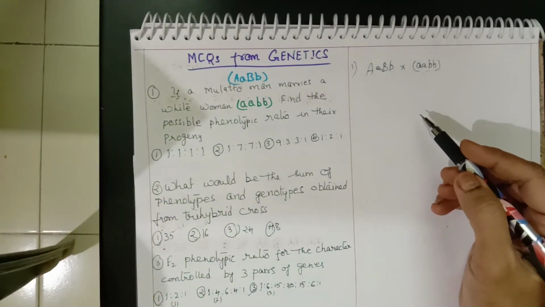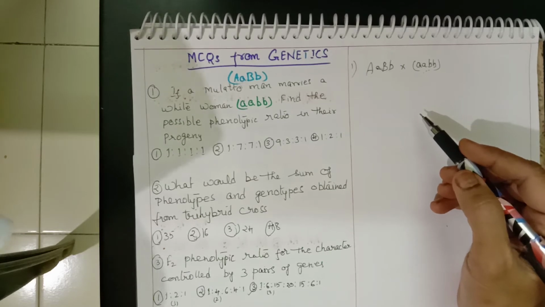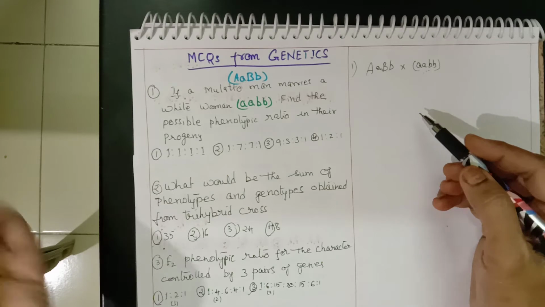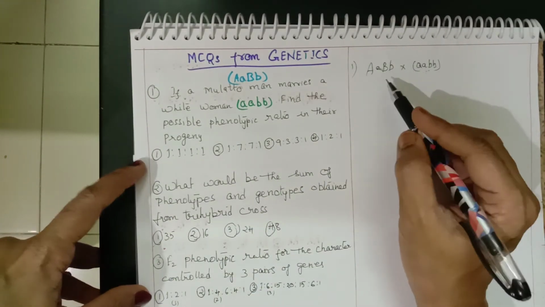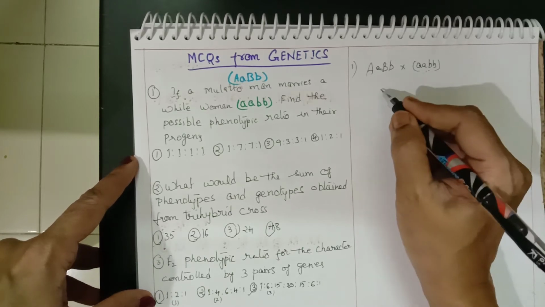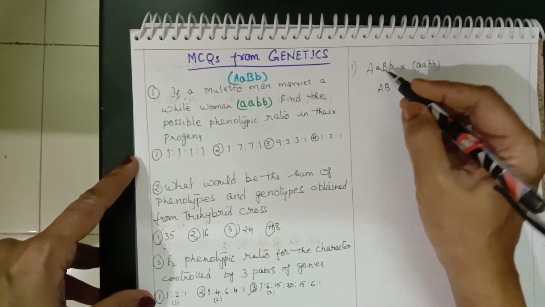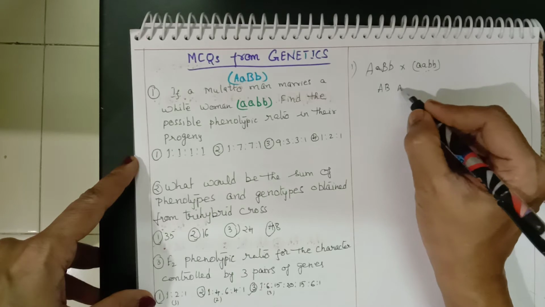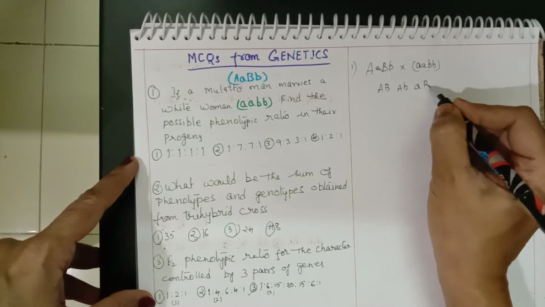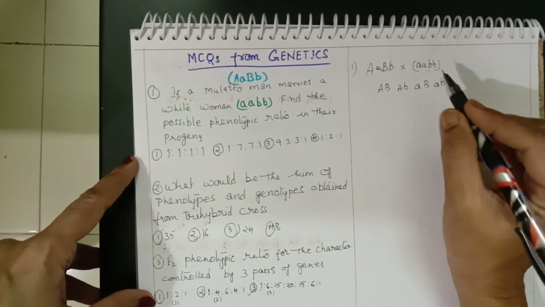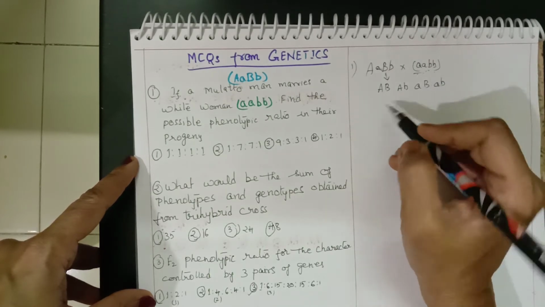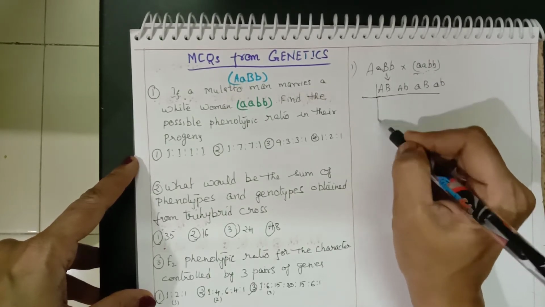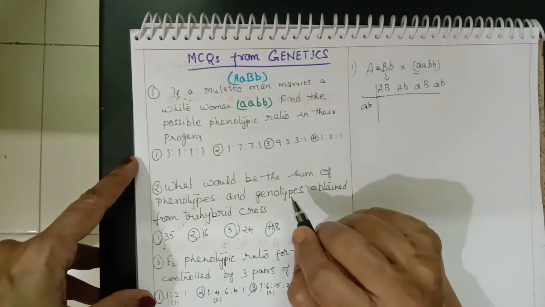So here we can make a cross. What are the types of gametes formed by this complete double heterozygous parent? Here we can say 4 types of gametes can be formed, whereas from the other parent, the female, we get only 1 type of gamete.